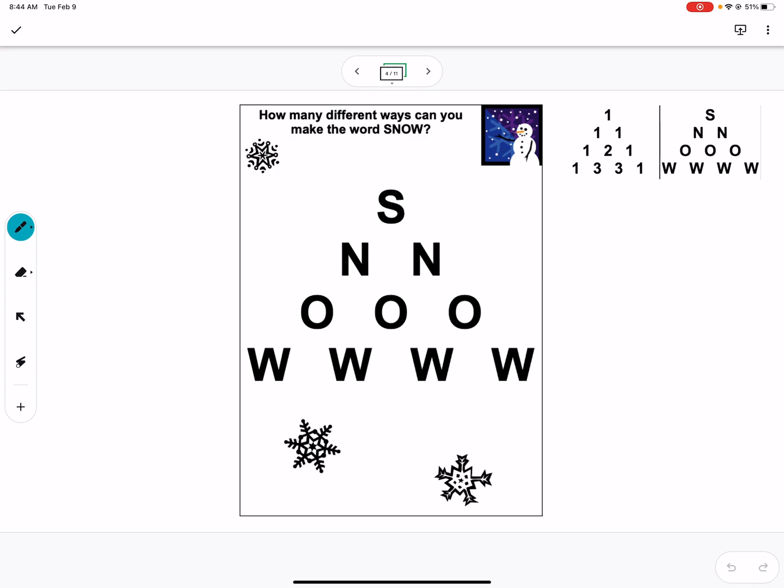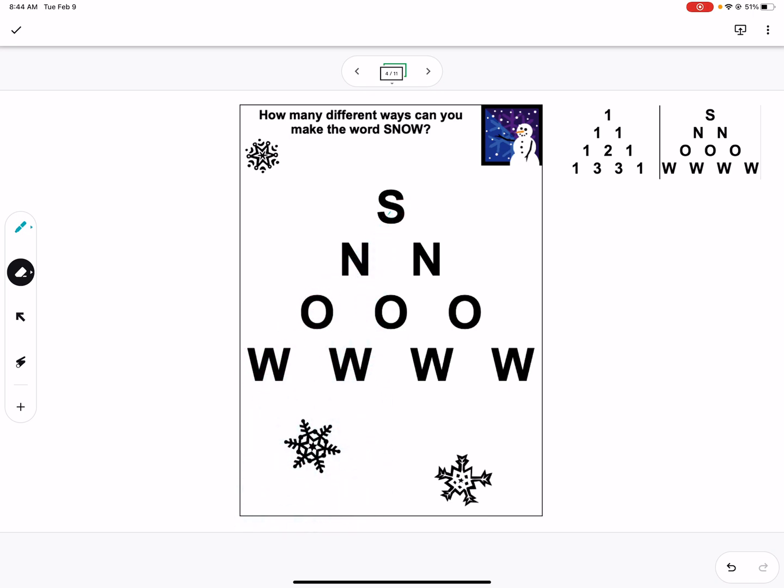Now the next part says, how many different ways can you make the word snow? Your goal is to start at the top and work your way down. So the easiest way is to the left. There's one way. Okay. Maybe another way I'm thinking is here and then I go there. All right, that's a second way. Now I'm going to erase that so that when you get to this, it's not on there.